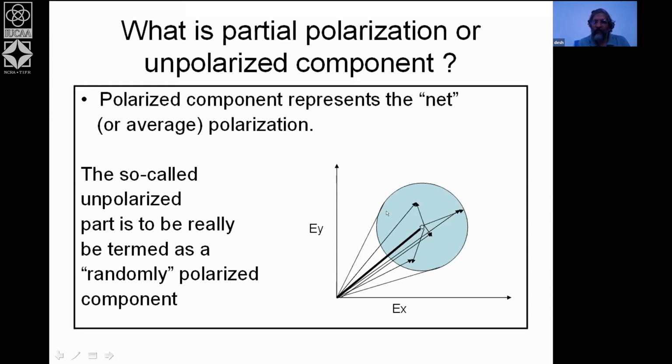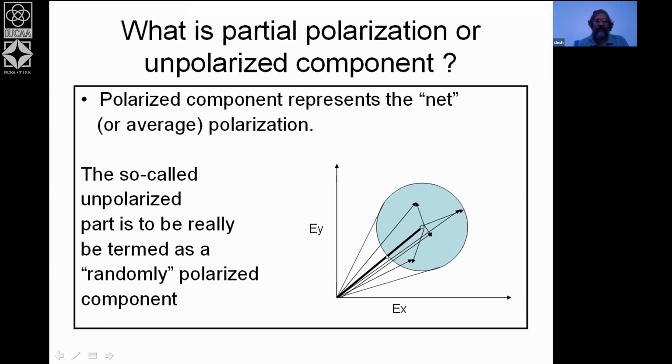The net result of that will be the component that is shown in the thick line here. And this is what will survive after integration, either over frequency or time. But at any given time, it will have a well-defined direction.